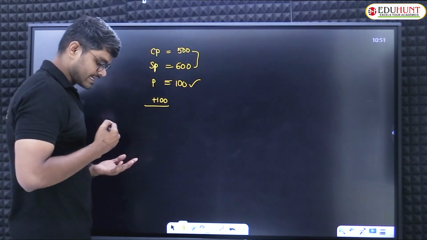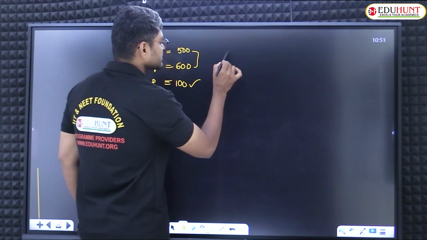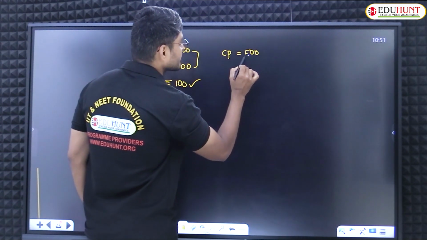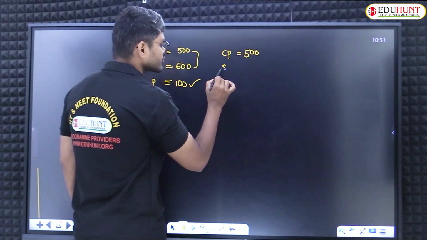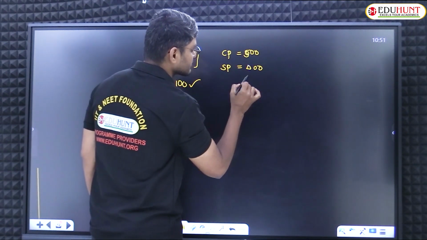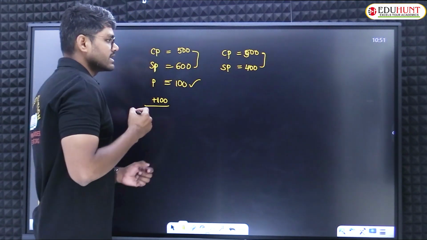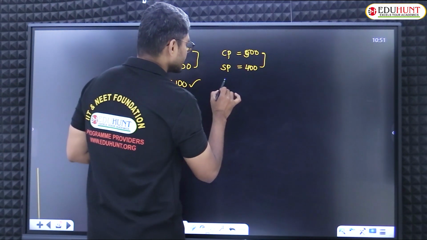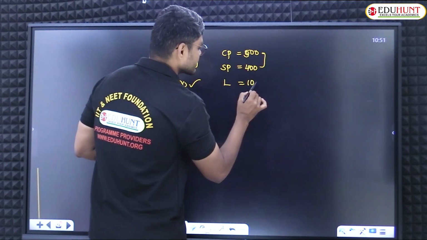Let's take the next case. CP is 500 rupees. I bought an article for 500 rupees and I sold this article for 400 rupees. What do I get? SP is less than CP, therefore definitely I will get loss. Loss is 100 rupees.